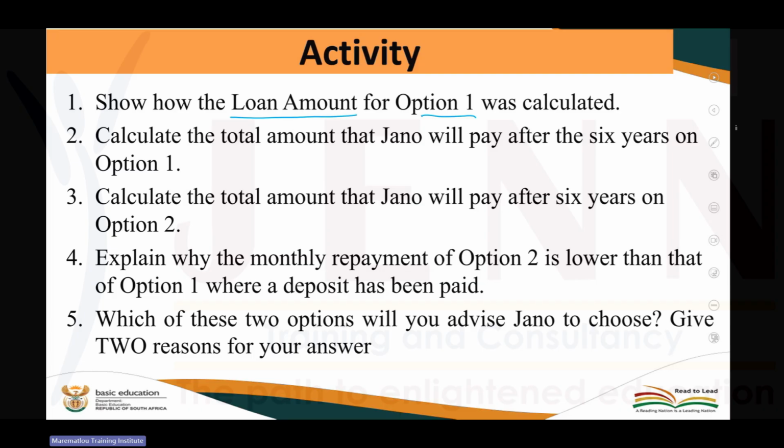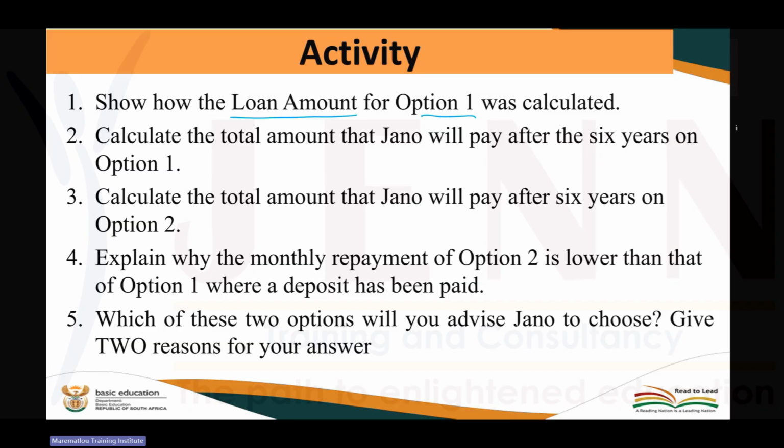Now, it means that Jano, in this case, can choose which option. I would say it will depend on him. Because if he has money, he says, no, I'll pay that 4,290 because I'm prepared and I have a deposit of 20,000. But the other person can say, I don't have that amount.